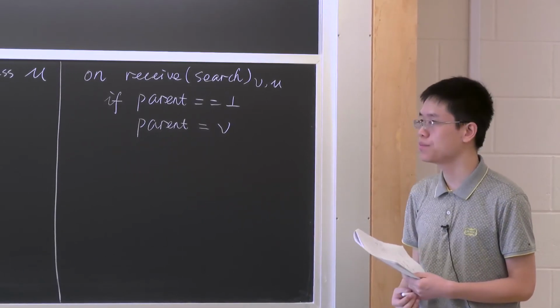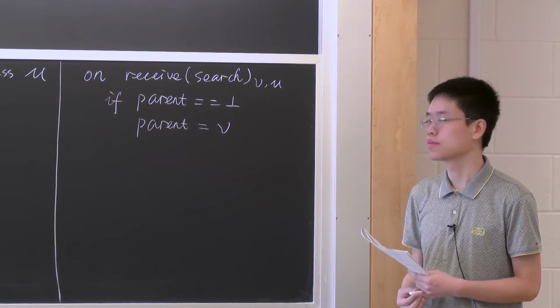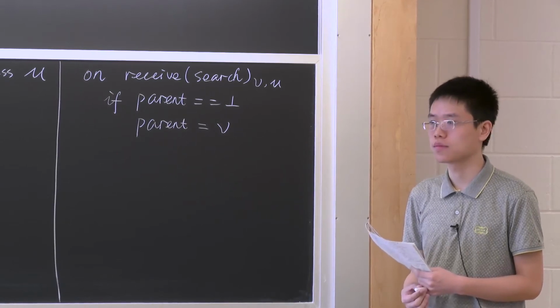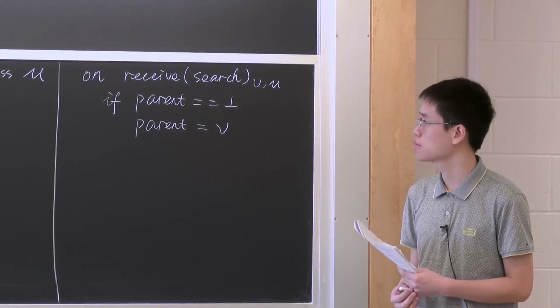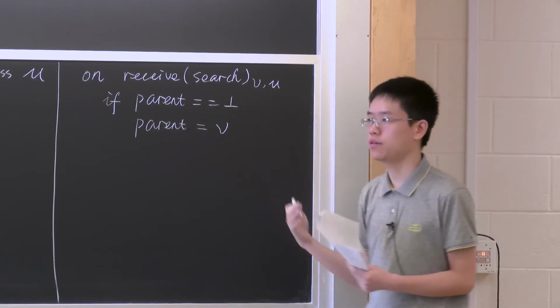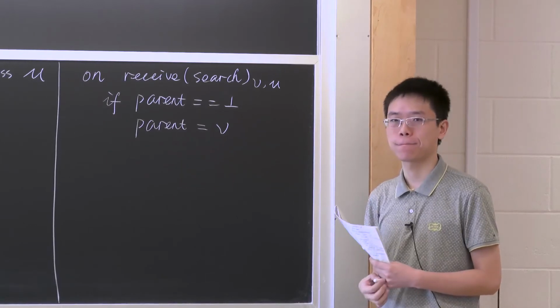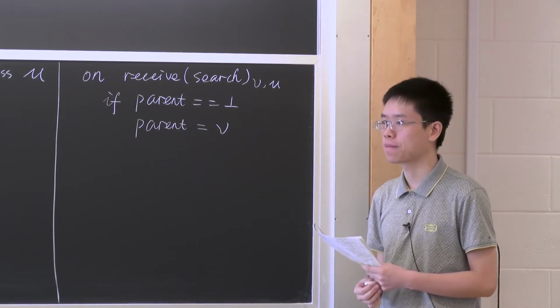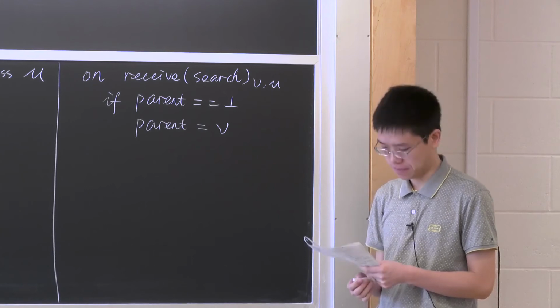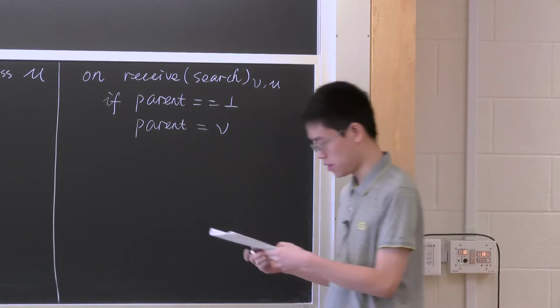Okay, so what's the next step? We got this search message from our parent, and we have to pass it along. Should we send them to add your child? Oh yeah, great.